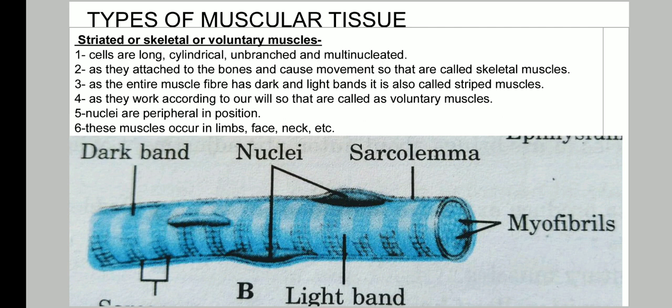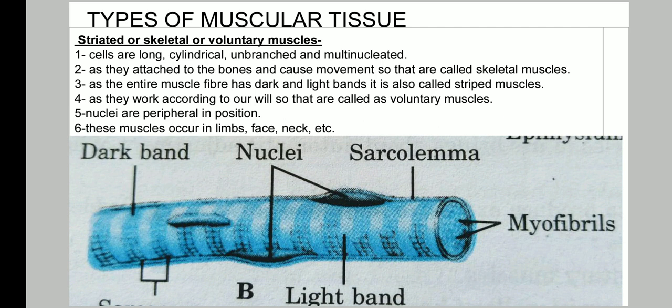Cells are long, cylindrical, unbranched and multinucleated. That means one cell of this type of muscle contains more than one nucleus, and you can see no branches, so it is a multinucleated and unbranched fiber.